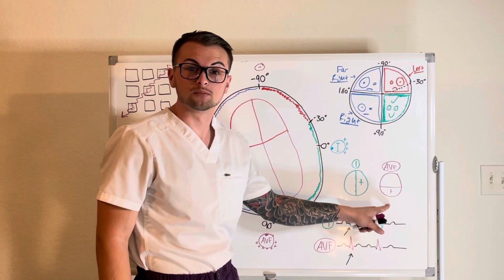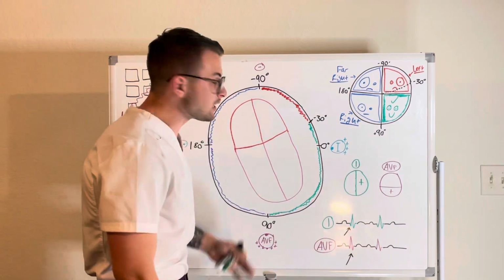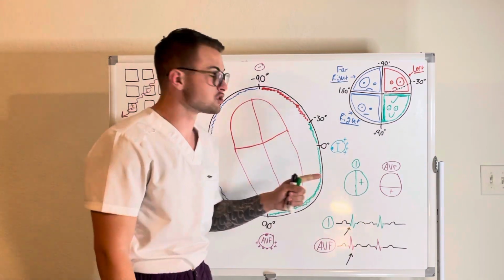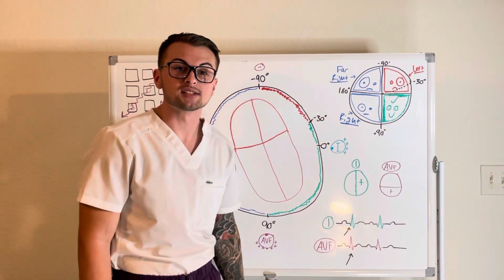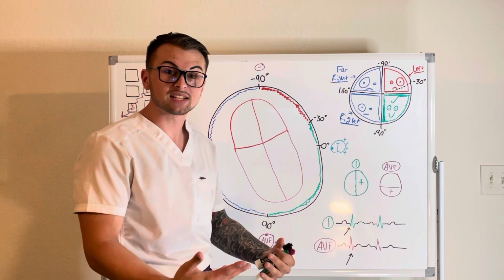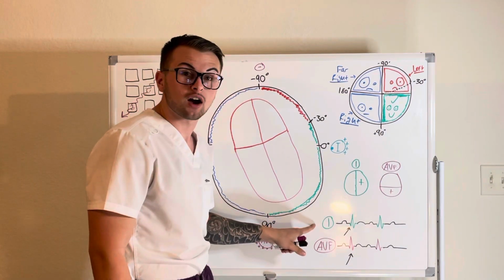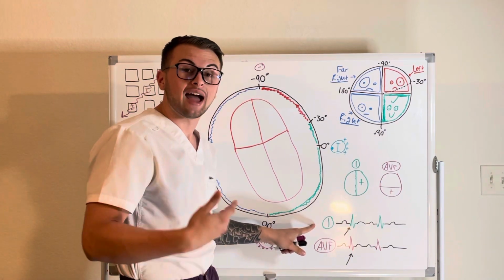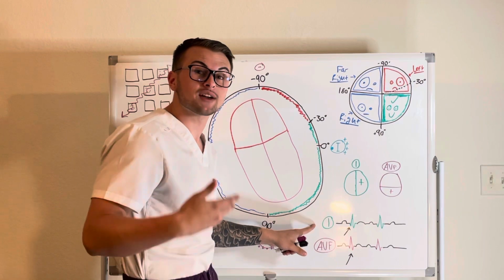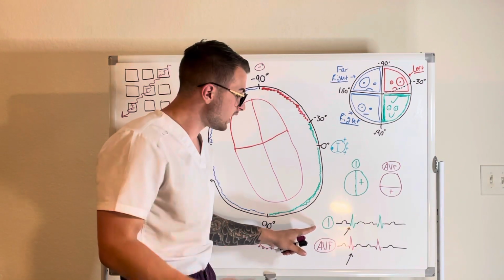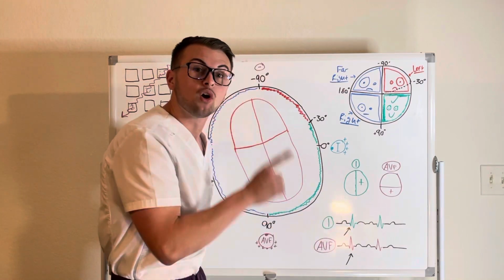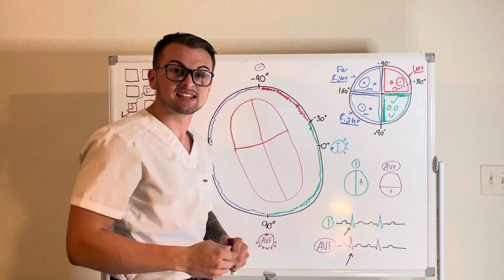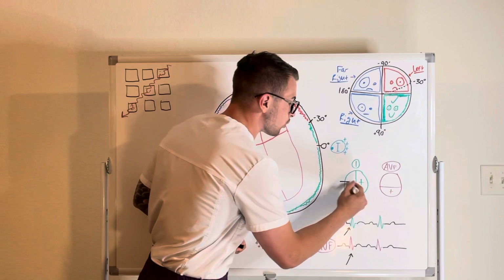In simple terms, we know that any positive vector headed toward the positive end of a lead will generate a positive deflection. Basically, if our QRS complex, remember, ventricular activation, if our QRS complex in lead 1 is mostly positive, it's more positive than negative, we say that the axis is headed leftward.